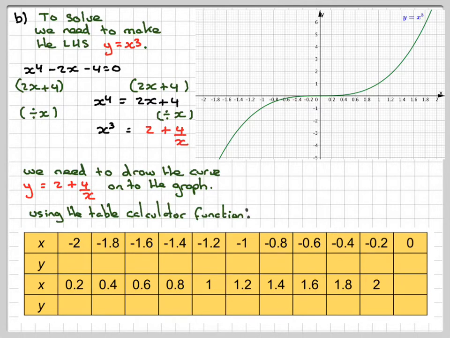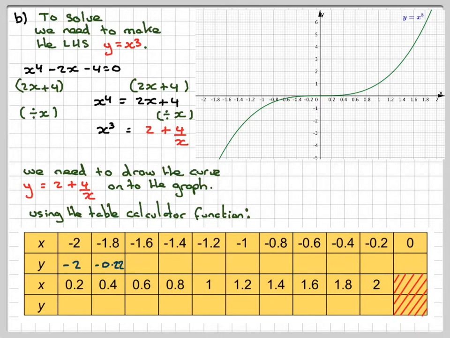Now to do this we'll need a table of results. I will block off this last one here, and maybe the best thing to do is to use the calculator function, or you'd have to do 2 plus 4 divided by minus 2, 2 plus 4 divided by minus 1.8. But it's easier if you know how to use the table function on your calculator. It's easy to come up with the correct numbers. The step would have to be 0.2 in this case, the starting value will be minus 2 and your end value will be 2.